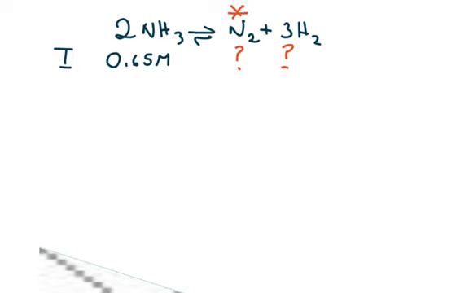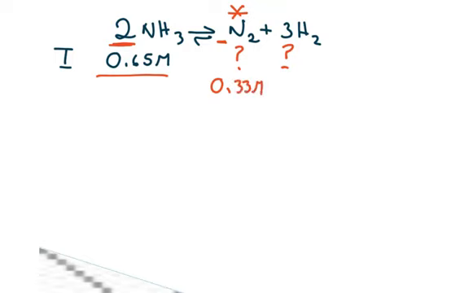So I want to know the concentration of N2, and they're in a 2-to-1 relationship with each other. So that means for every 2 NH3s, I only have 1 N2. That means all I'm going to do here for the 0.65 is divide it by 2, which gives us about 0.33.